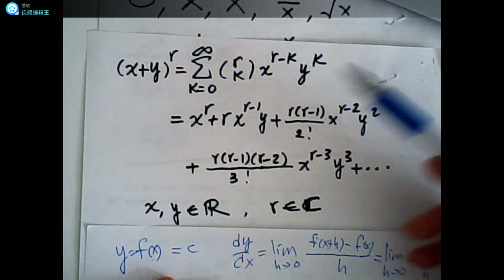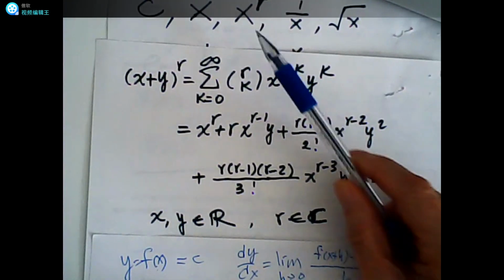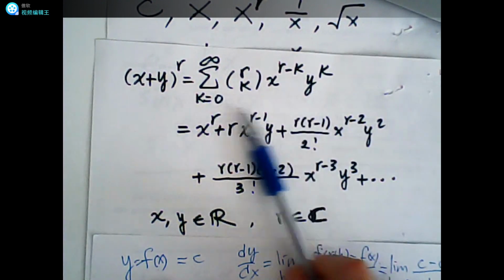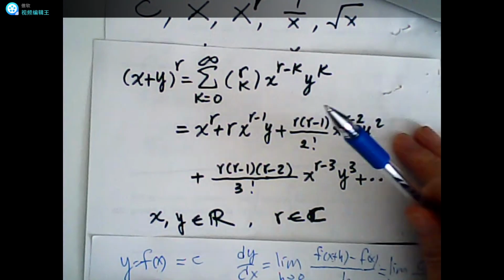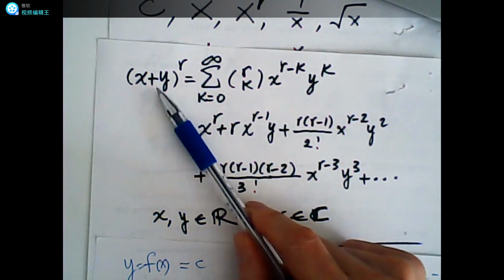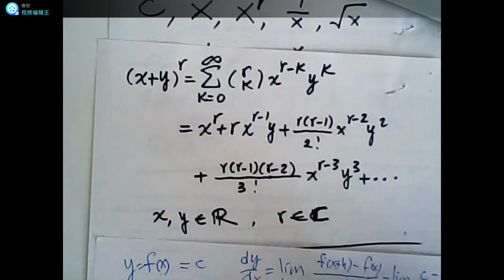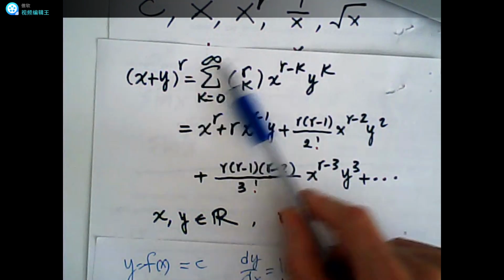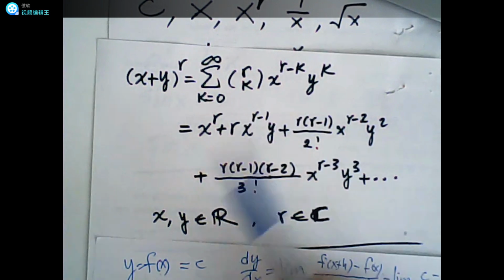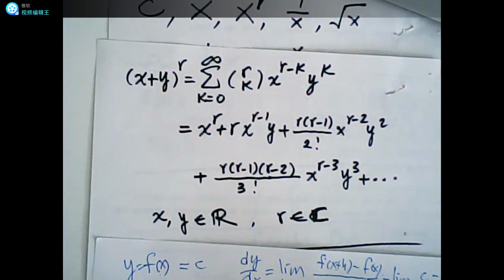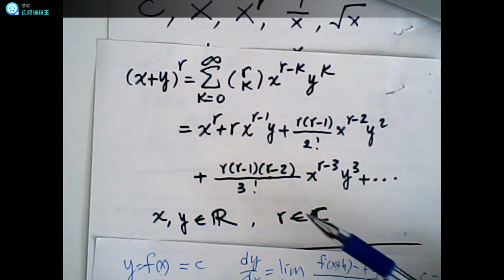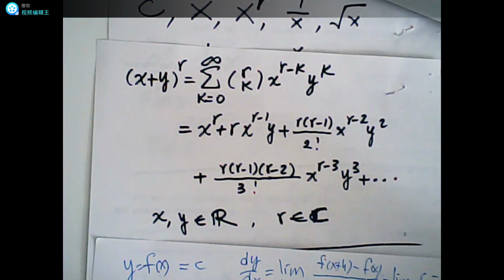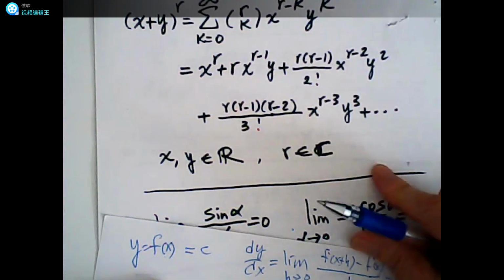When we want to prove the derivative of a power function, we must know this binomial expansion. x plus h to the power of r is equal to this formula, and when you expand, that is the expansion of a binomial, where x and h are real numbers, and r is a complex number. I hope you're familiar with this binomial expansion.